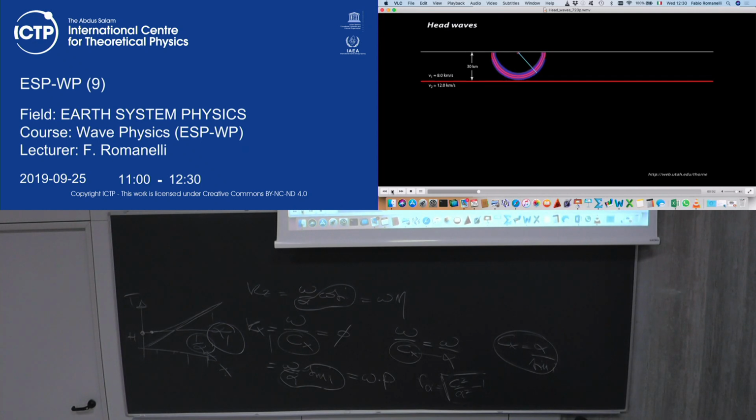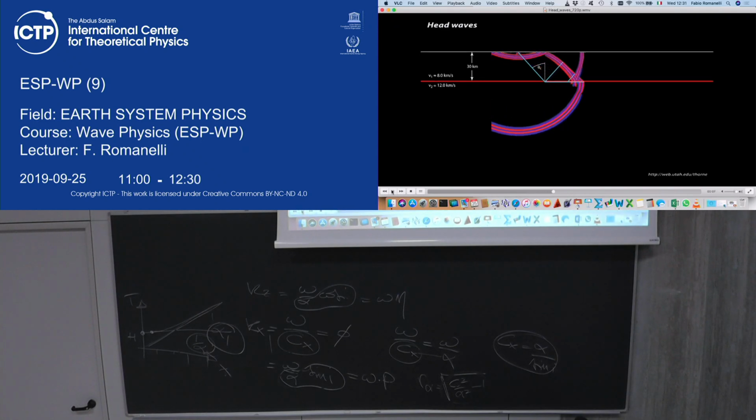Let's give it a look. You see, the critically reflected will correspond exactly to the angle of incidence of a critical angle. It's just one part of a wavefront. That's why the amplitude is tiny.